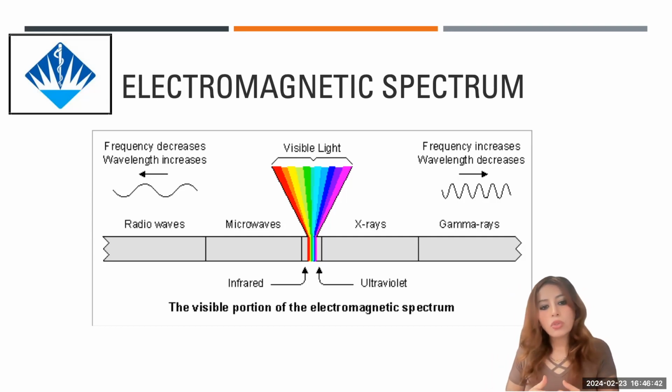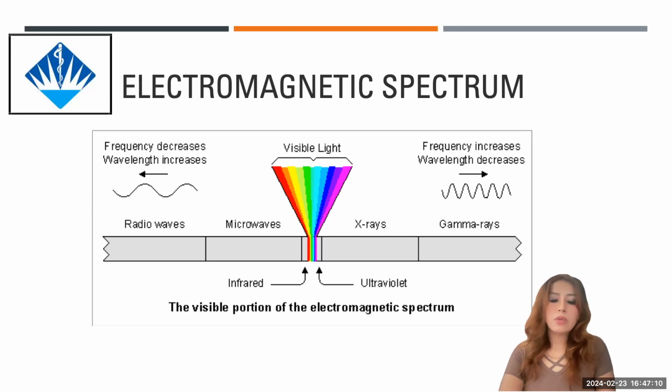The distribution of the continuum of all radiant energies can be plotted either as a function of wavelength or of frequency in a chart known as the electromagnetic spectrum. In this spectrum, the electromagnetic waves range from shorter wavelengths, including X-rays and gamma rays, to longer wavelengths like microwaves and radio waves.